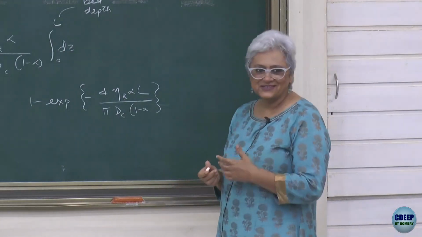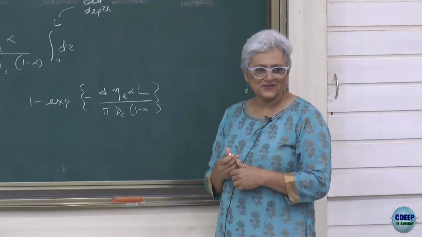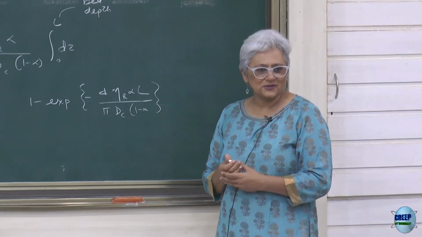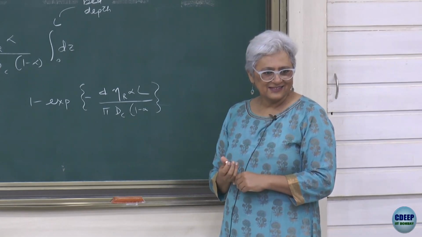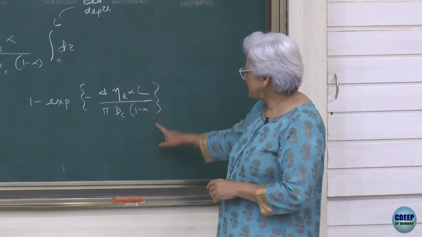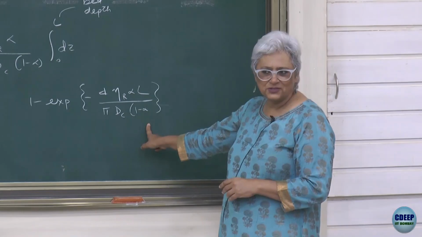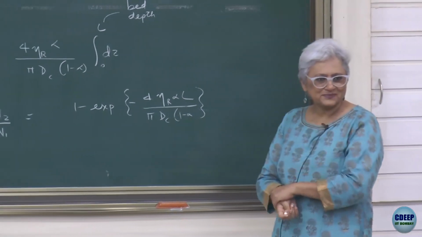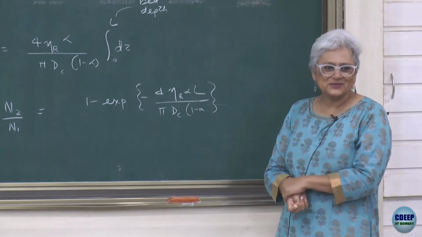No. We showed that the efficiency depends, of course, so strongly on particle diameter, right? So, why don't I have a dp here and why don't I have a u here? Where did it go?